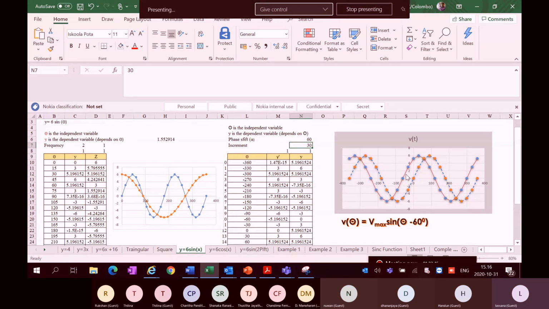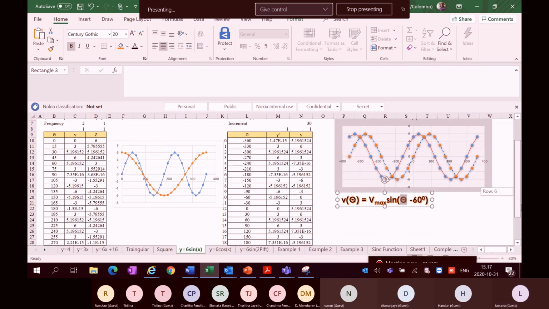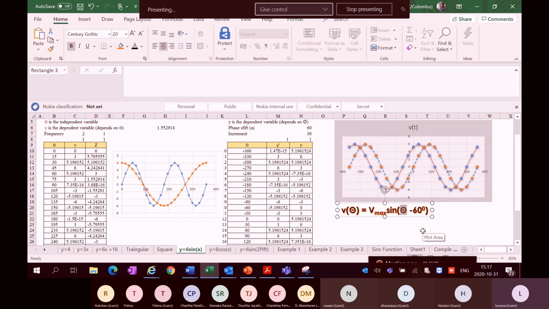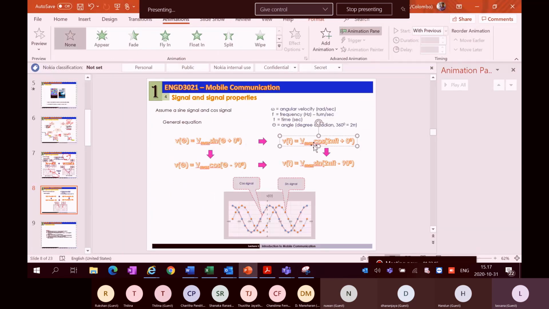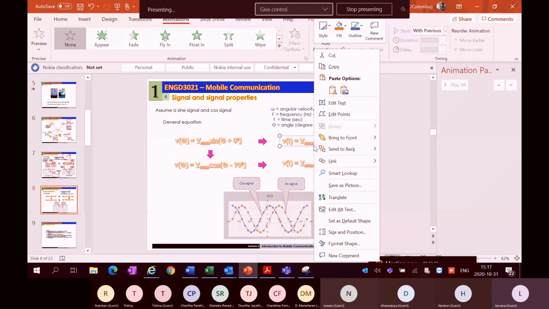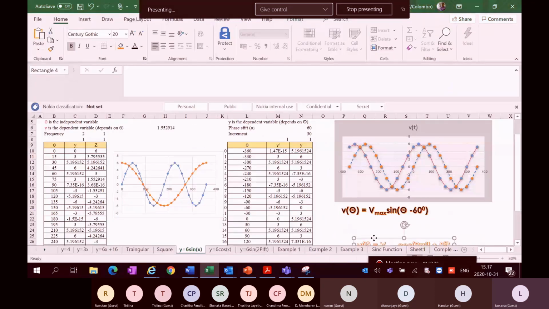But here there is no f component, because you might remember for theta we can put 2 pi f, of course 2 pi ft, right? Therefore, phase changes will not impact the frequency. Frequency means f, right? That is also a very important finding.